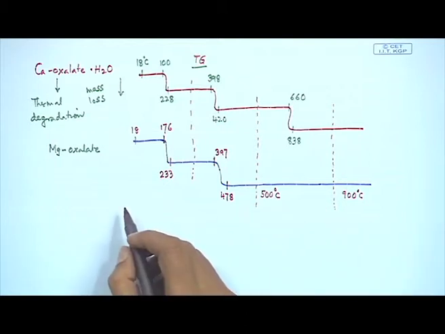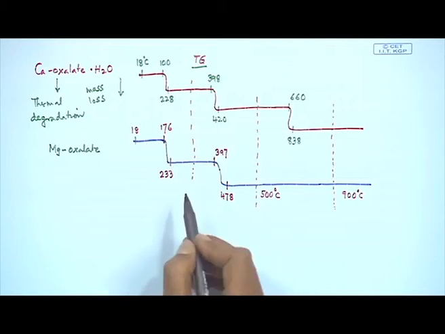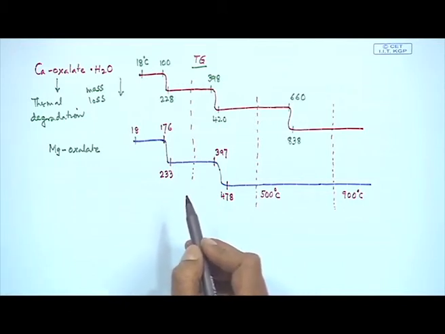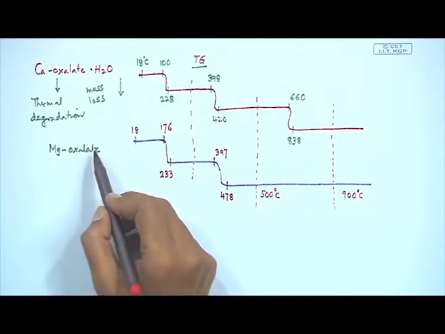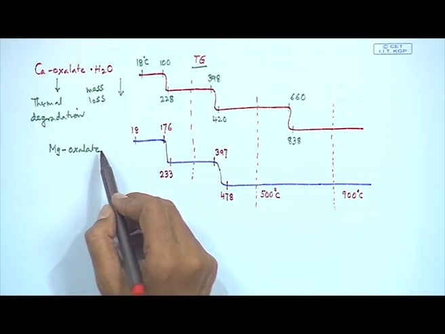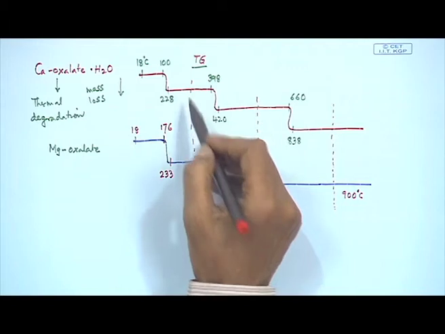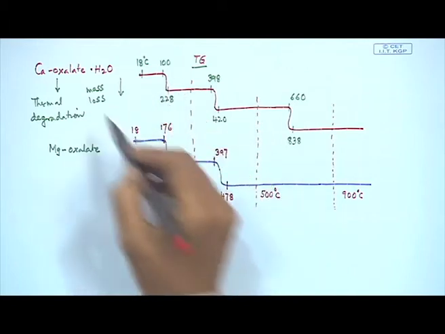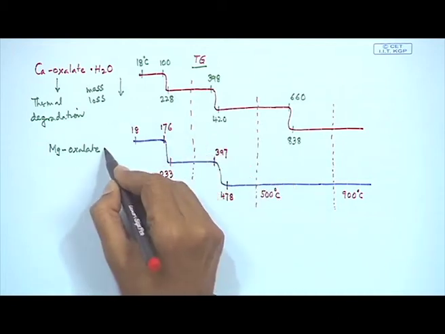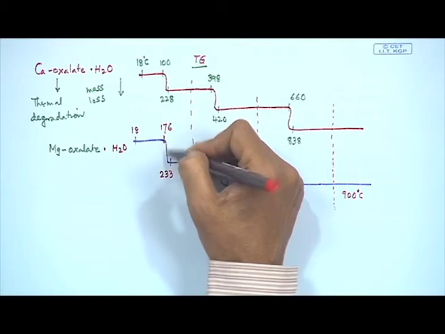So, calcium oxalate and magnesium oxalate have something different, such that we can find the optimum temperature range where we try to dry or condition this precipitate for gravimetric analysis. We find that the first mass loss in both cases is due to the loss of water of crystallization, and this particular dip is much more.